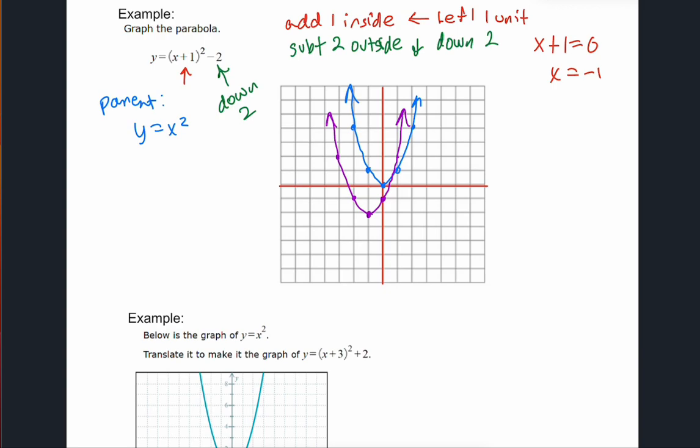So you need to know, if I subtract on the inside, I'm going to move right. If I add on the inside, I'm going to move left. If I subtract on the outside, go down. If you add on the outside, go up. And so it's really important you know those 4 rules.